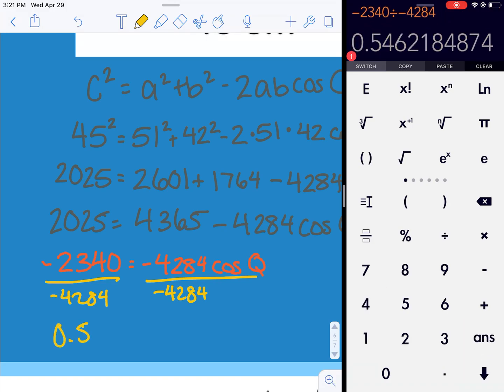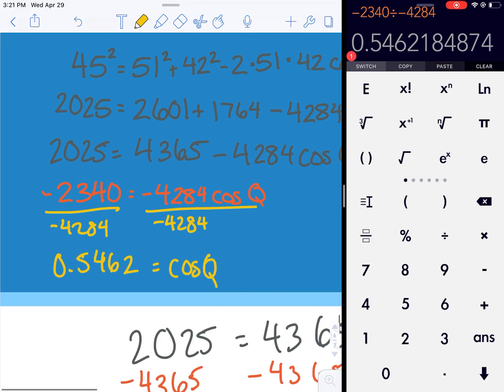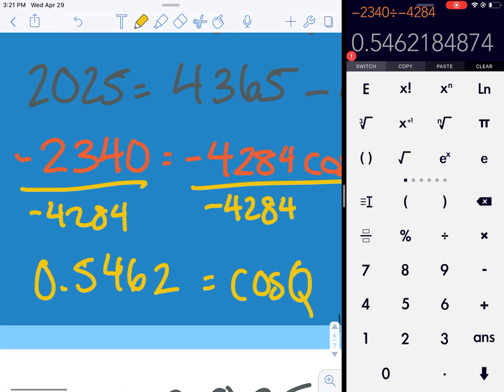And I get 0.5462 and some change equals the cosine of Q. When I want to undo cosine but leave Q, I need to do the inverse cosine.